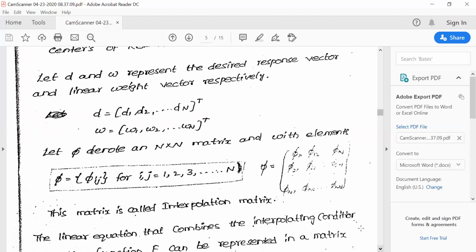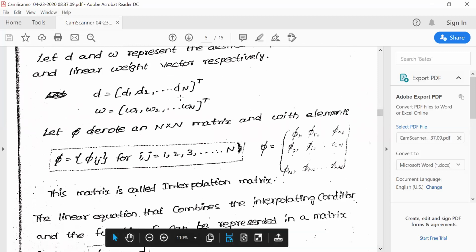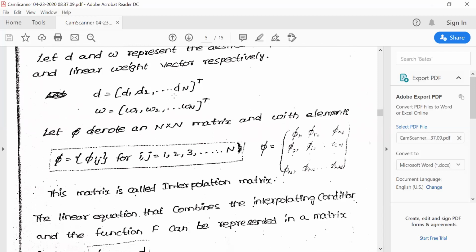Okay. And to understand the solution of the RBF network, you need to understand a little maths over here. Assume that d equals d1, d2, and so on up to dn are the desired responses. W equals w1, w2, and so on up to wn, which maps the desired responses with the input patterns.